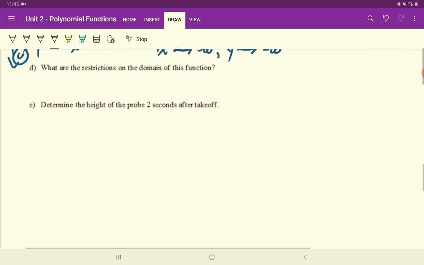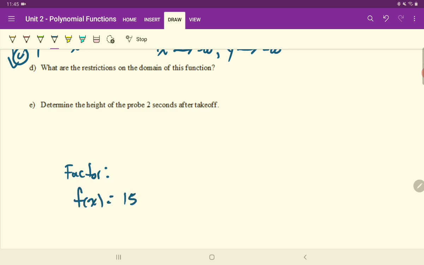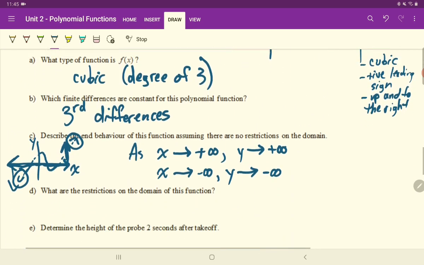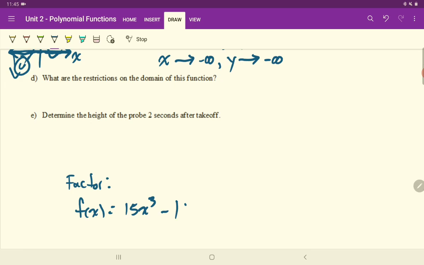So we've got f of x equal to 15x cubed minus 195x squared plus 450x.